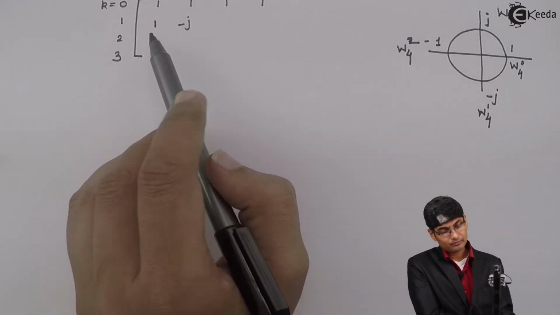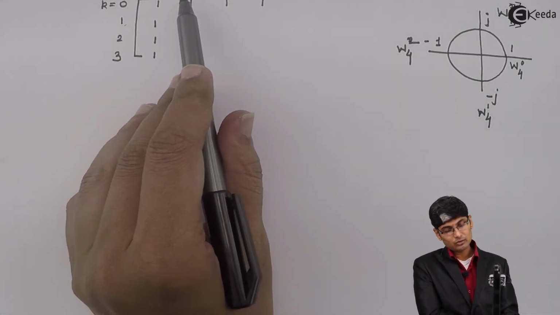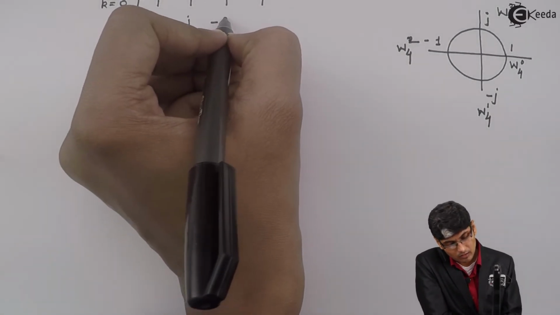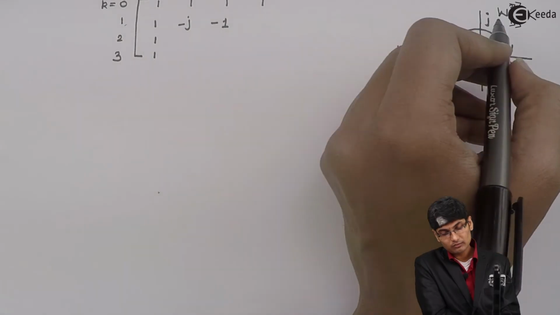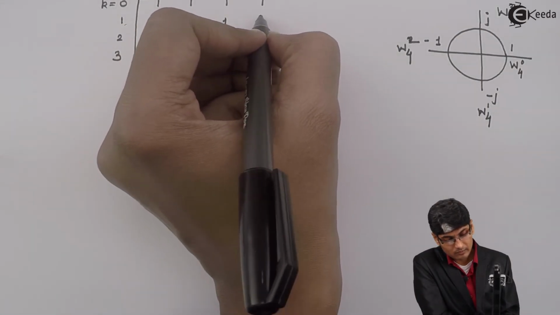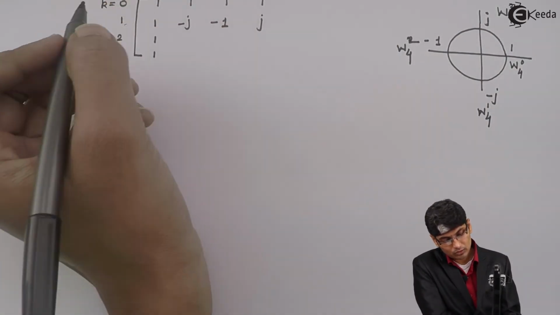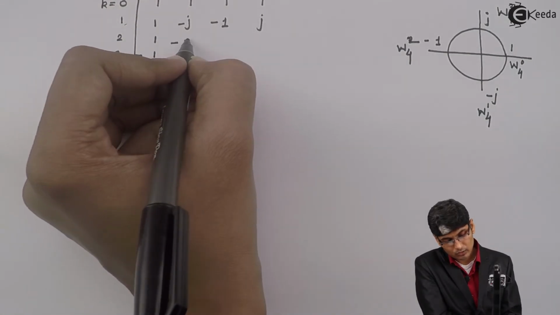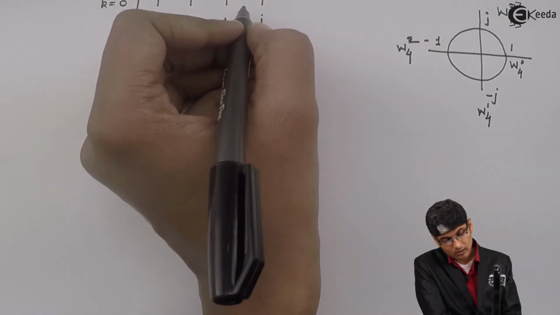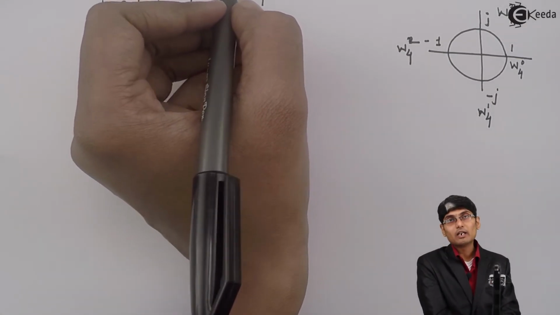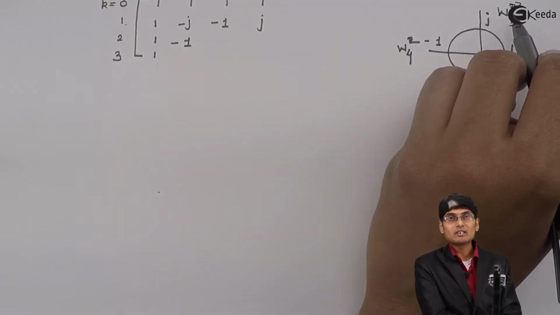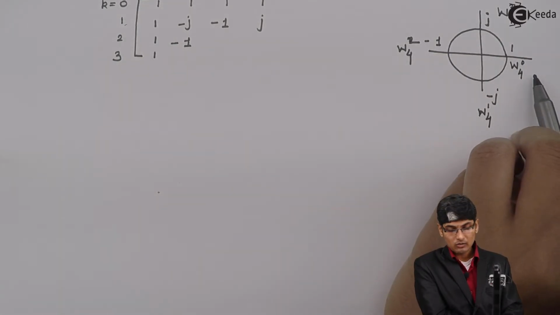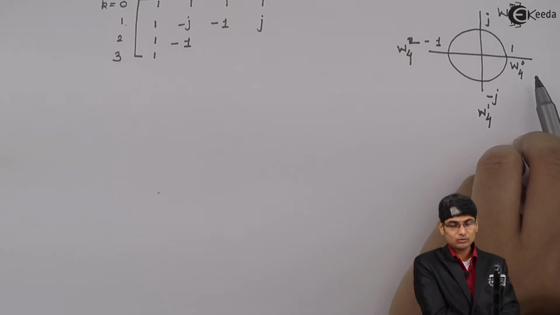So I'll get w4 raised to 1, then w4 raised to 2, which is minus 1, w4 raised to 3, which is j, w4 raised to 2, w4 raised to 2, which is minus 1, w4 raised to 4. Now here you can see only till 3, but it is on a circle, so 4 will be here. Okay, so w4 raised to 0 is equal to w4 raised to 4.